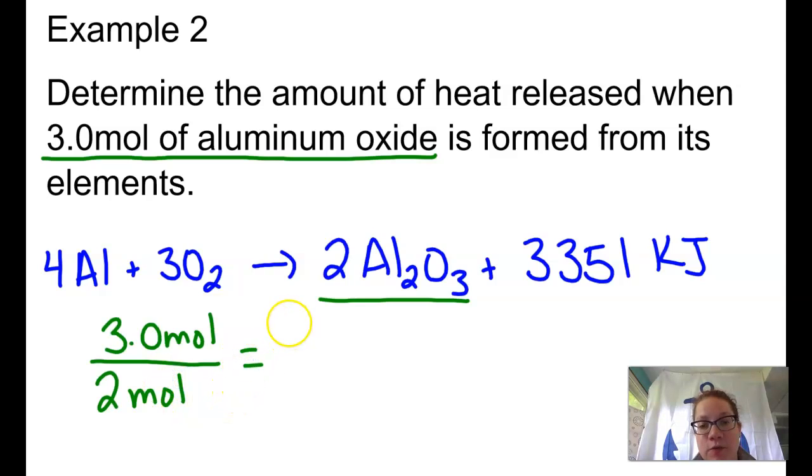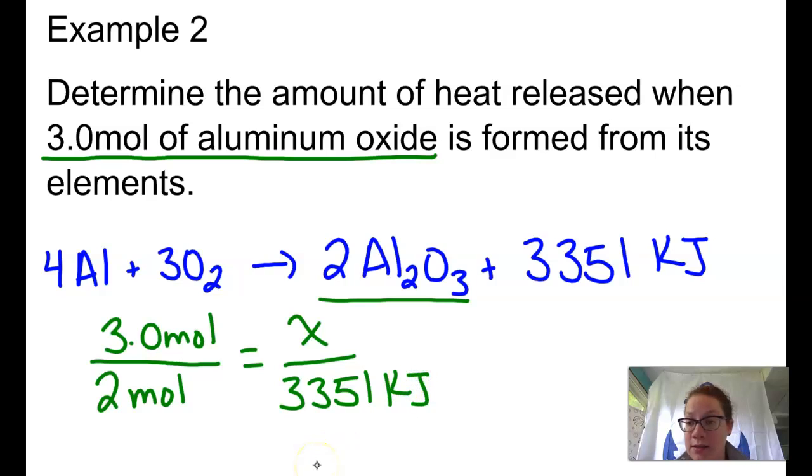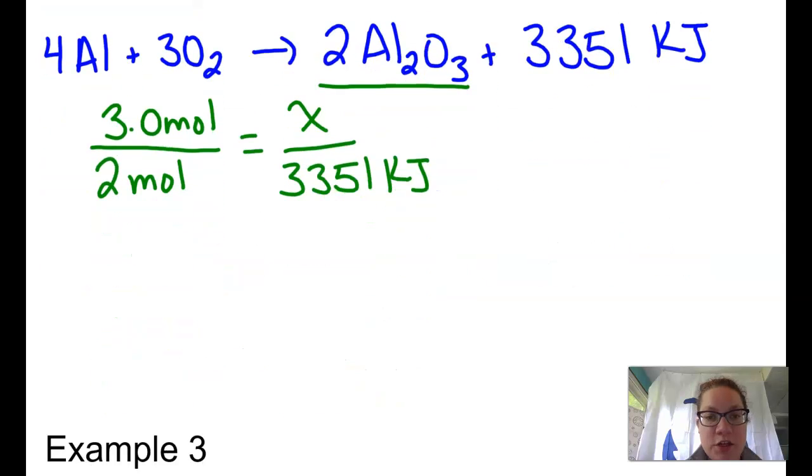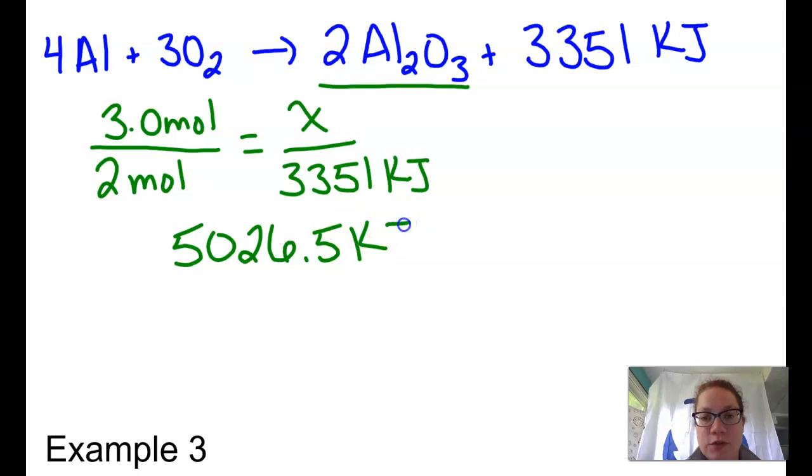That's going to be equal to how much energy over 3,351 kilojoules. So go ahead and solve that problem. All right, great. So you should have gotten 5,026.5 kilojoules.